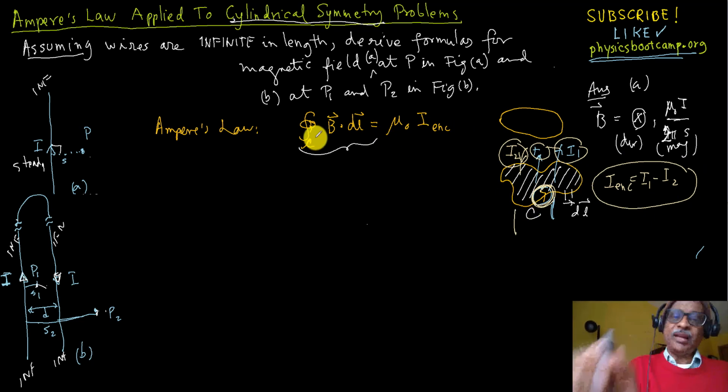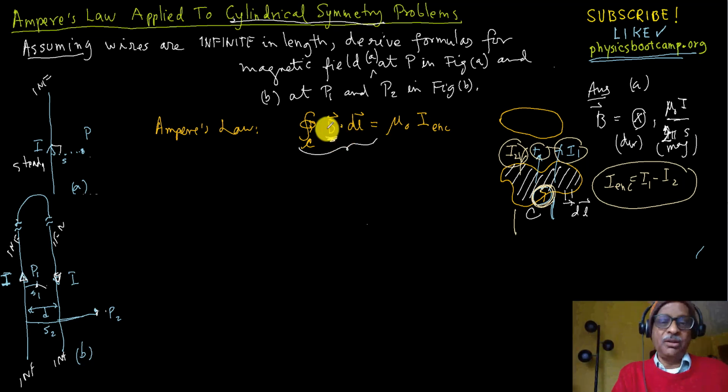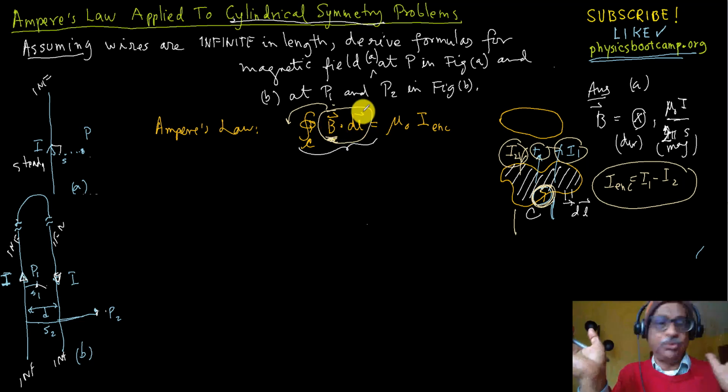Now notice B is inside the integral, and you can't solve for B unless B can come outside this integral. The only time B will come out is in some special situations.